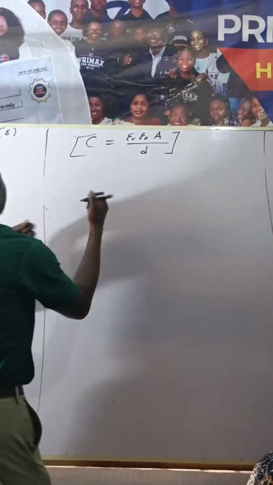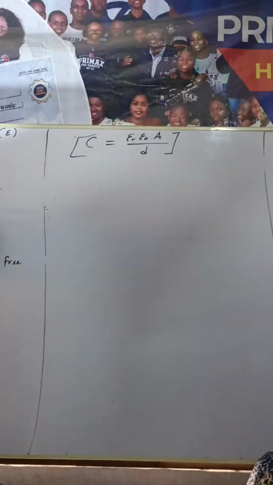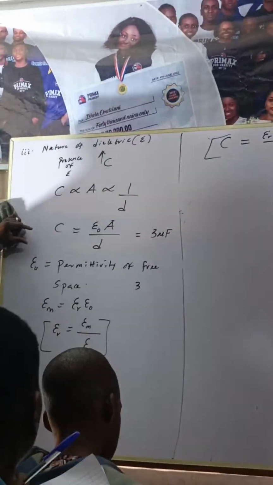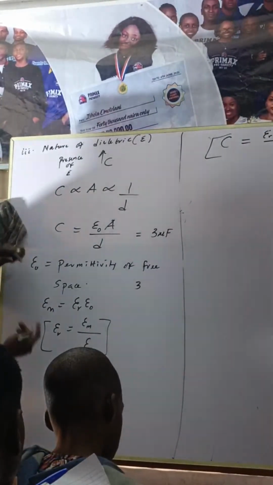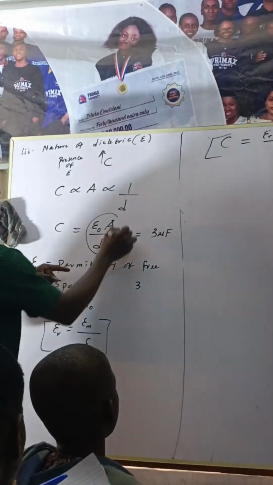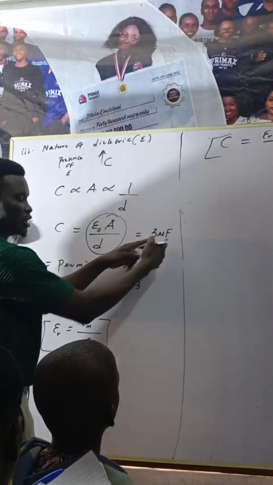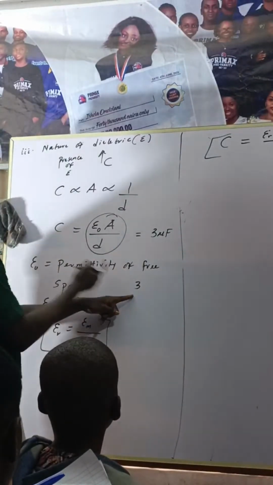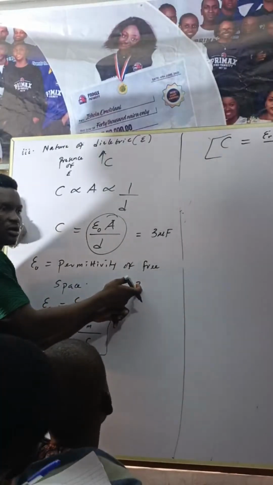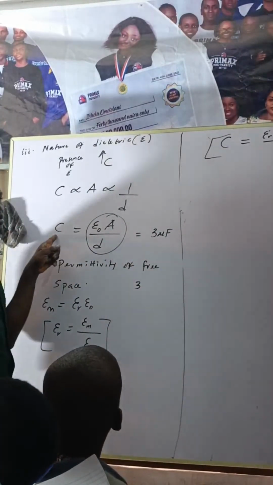Let's say the capacitance of a capacitor is 3 microfarad. If the relative permittivity is 3, what will be the new capacitance? Everything here gives me 3 microfarad. So if I put a medium whose relative permittivity is 3, what has it done to that capacitance?